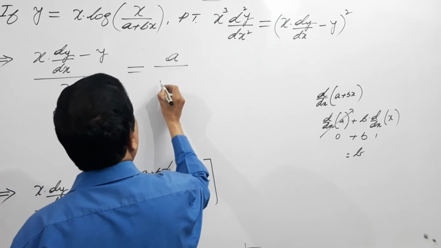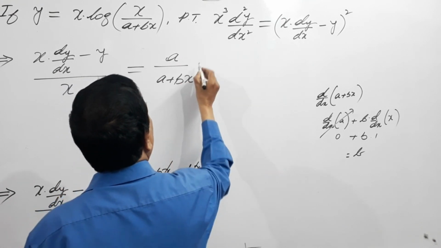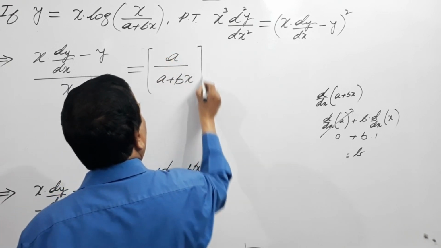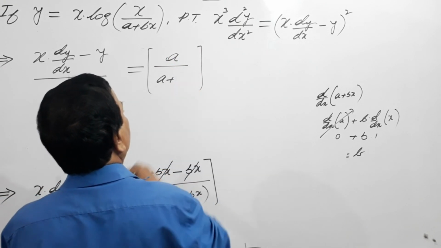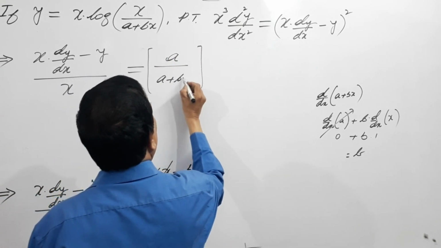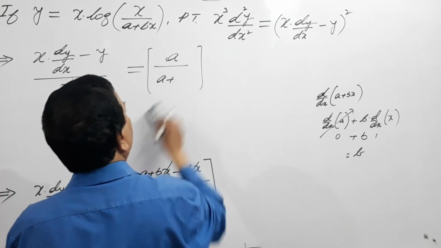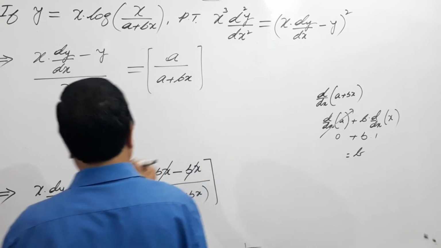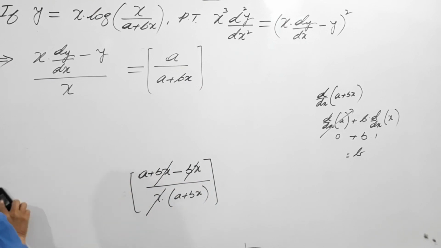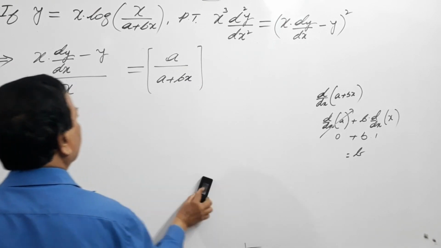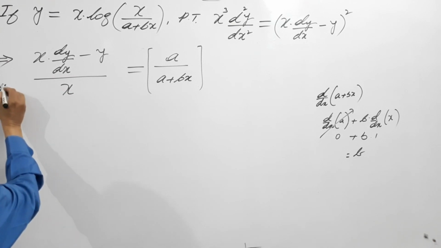a by a plus bx. What I will do is cross multiply this.